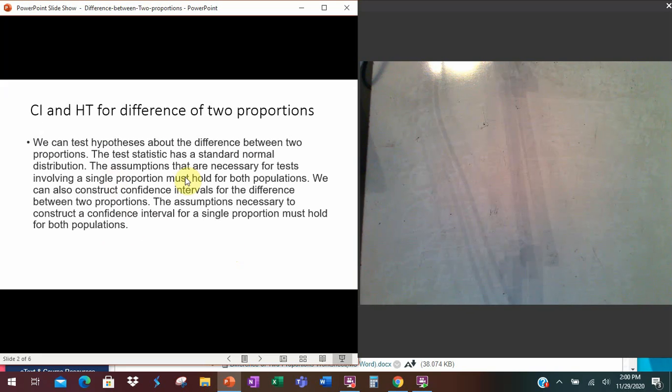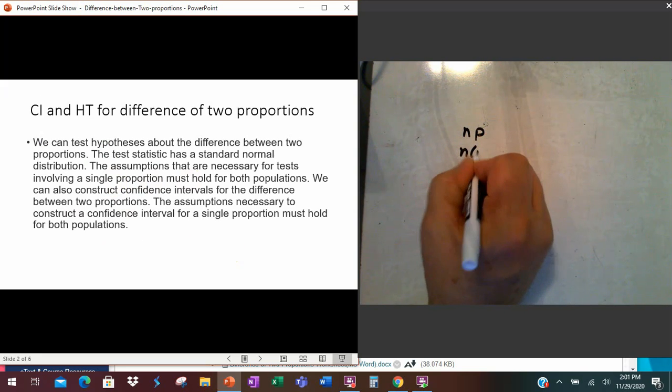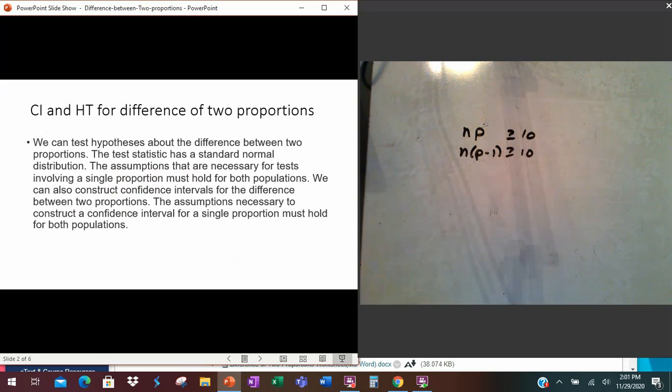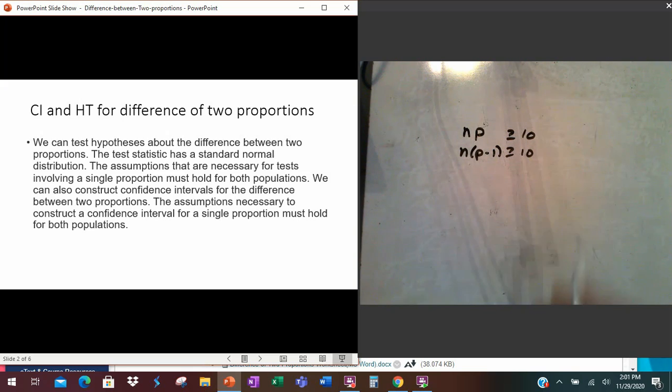Let's go back. The assumptions that are necessary for tests involving a single proportion must hold for both populations. So what was that? We needed NP and N times (1 minus P), both of these, to be greater than or equal to 10. So we had to have at least that many inside to get started.